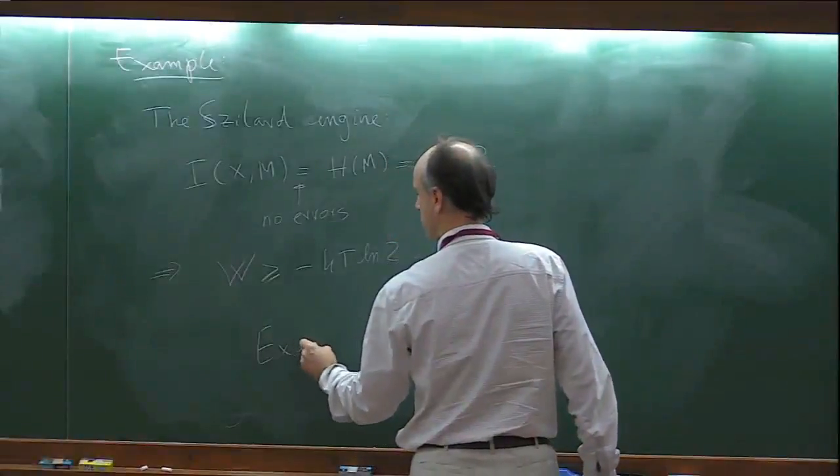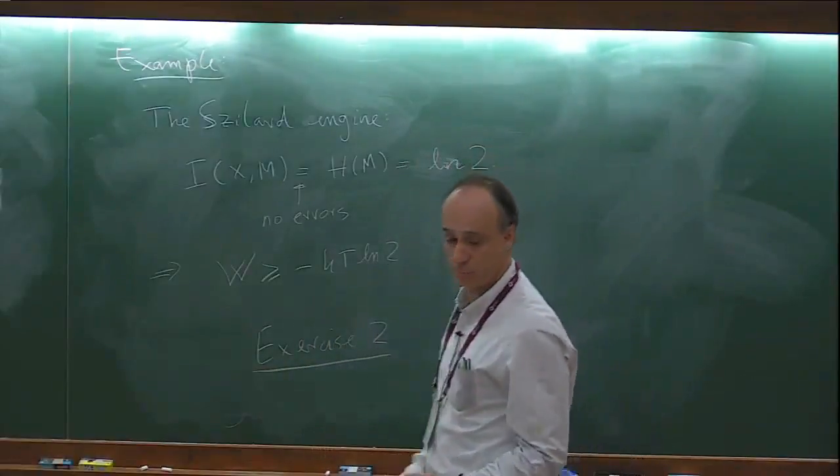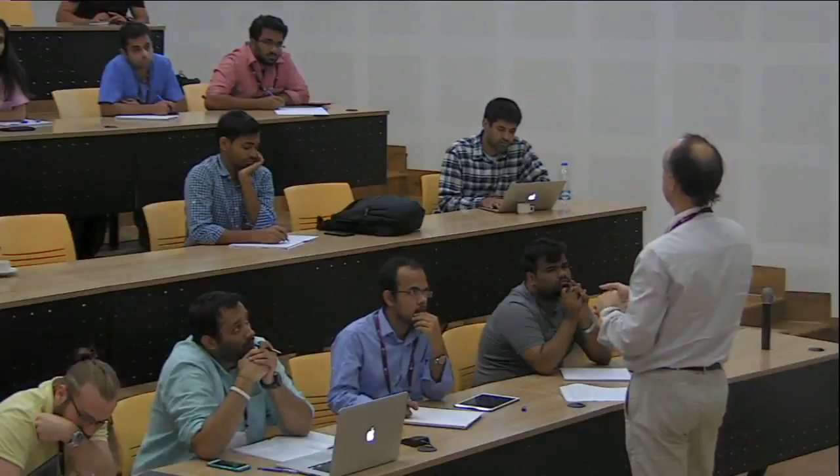Okay, in exercise number 2, which we will do this afternoon, you have to repeat this for a Szilard engine with errors. So you have to calculate the mutual information when you have an error. So you measure left, right, but sometimes you get the wrong answer.